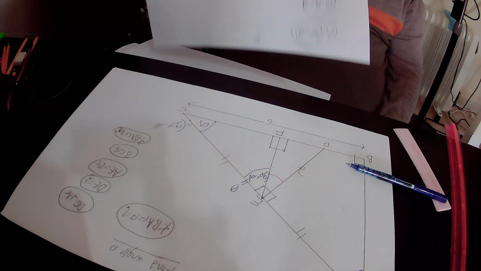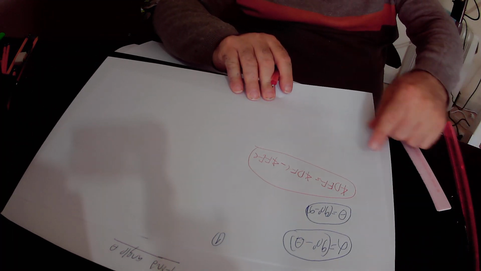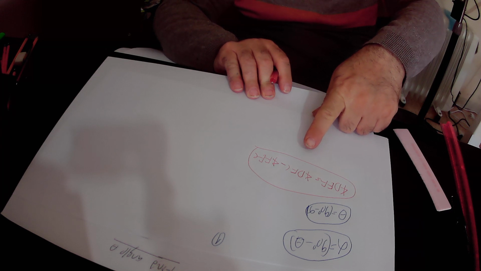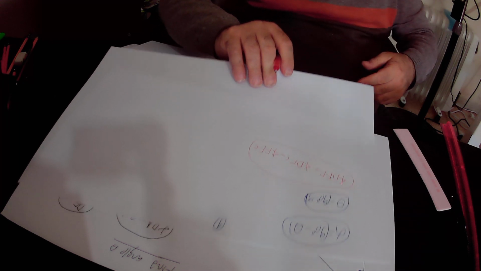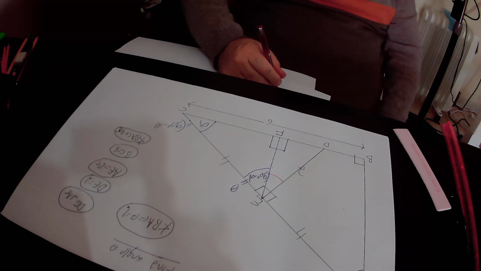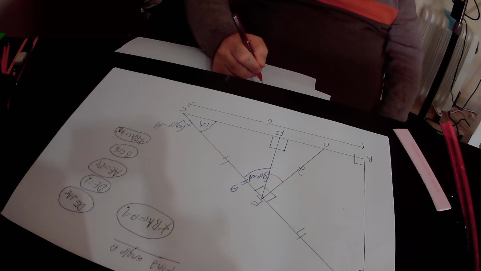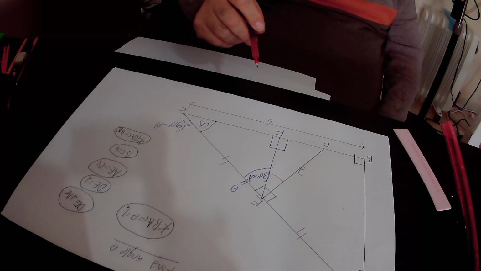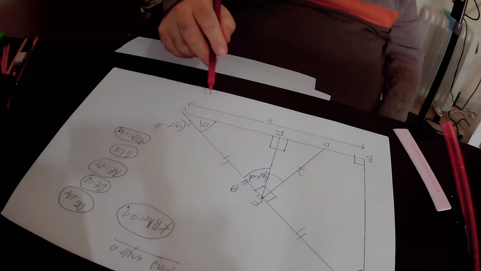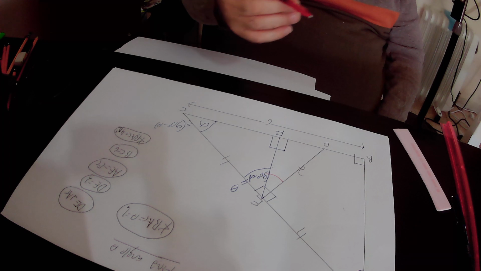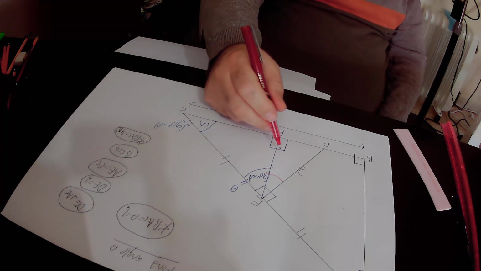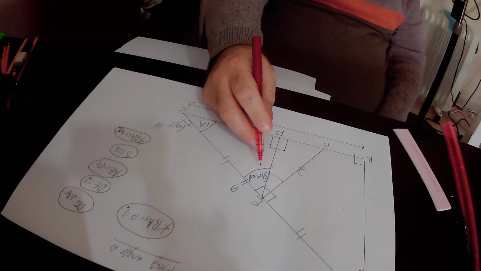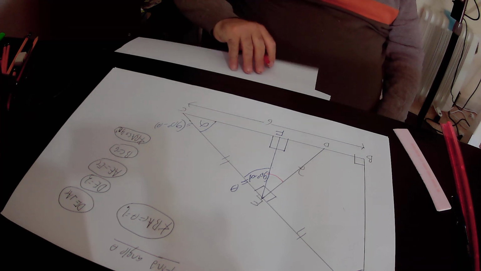I repeat again, we just found out that the size of angle DEF equals the size of the big angle, angle DEC, minus the size of angle FEC.